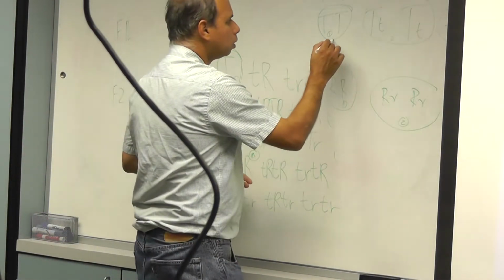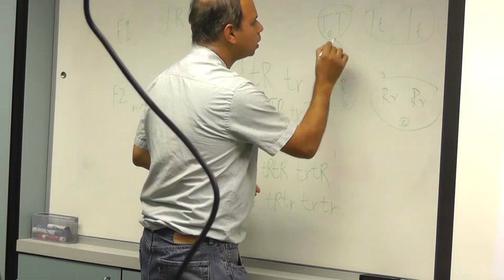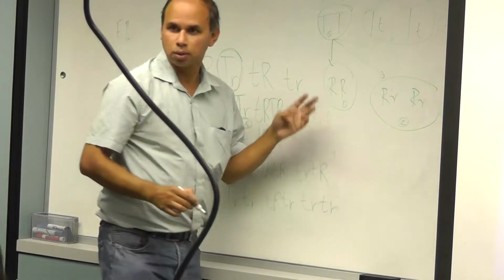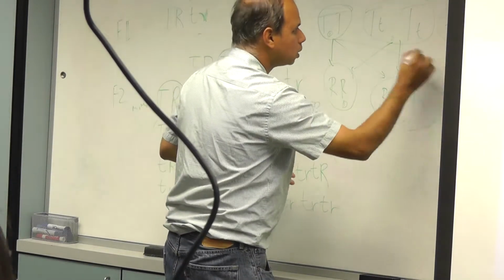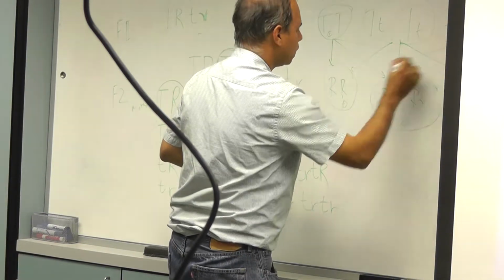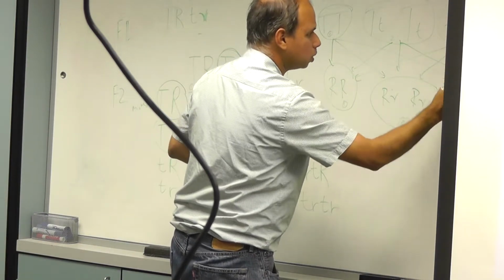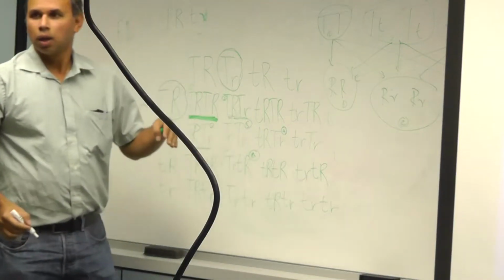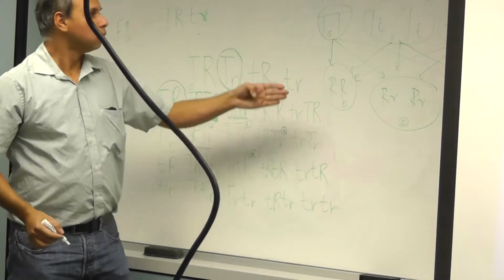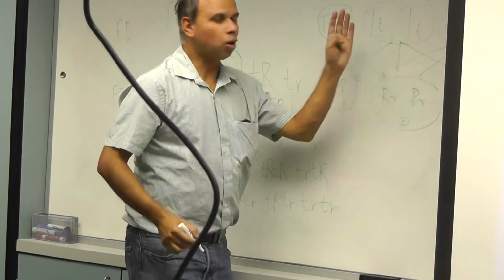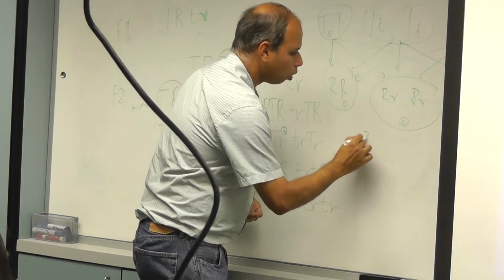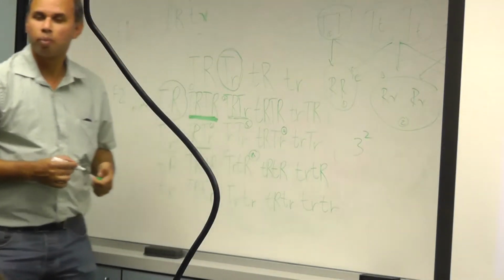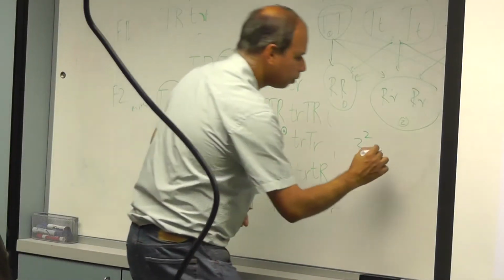You can combine this with this, this with this, this with this, and so on for each one. So the number of unique combinations you can get is 3 to the power of 2, or 3 times 3.